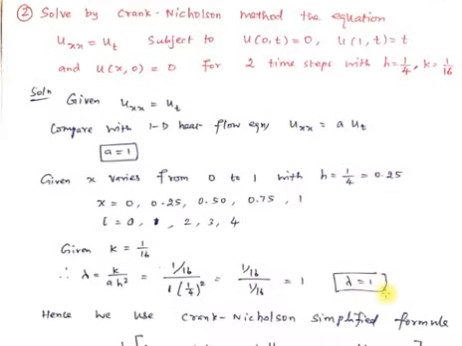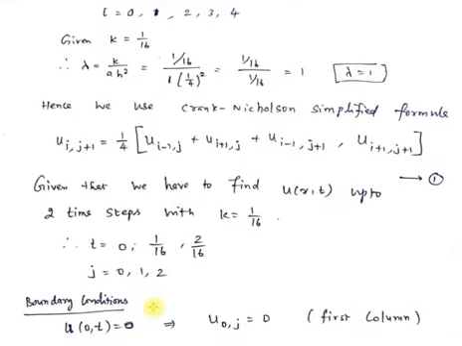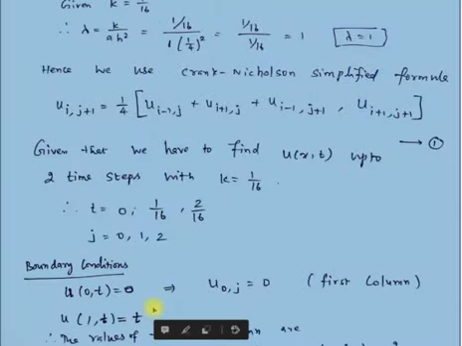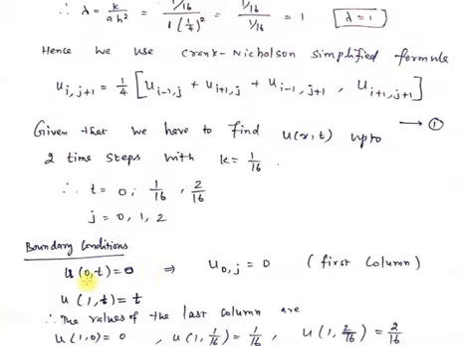So we use the Crank-Nicolson simplified formula u of i comma j plus 1 equal to 1 by 4 into this one. Given that we have to find u of x comma t up to 2 time steps with k equal to 1 by 16. So t equal to 0, 1 by 16, 2 by 16. So j equal to 0, 1 and 2. The boundary condition u of 0 comma t equal to 0, which is x equal to 0.